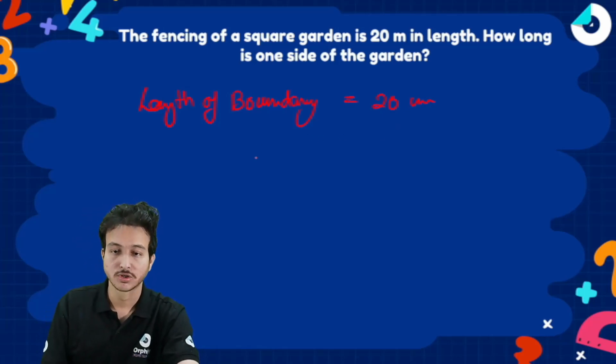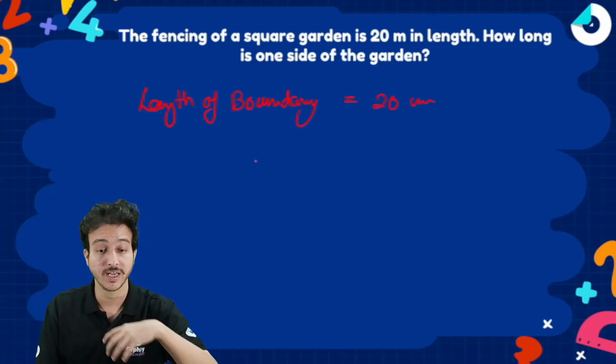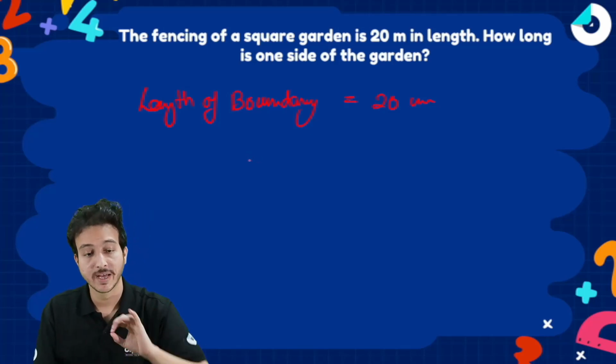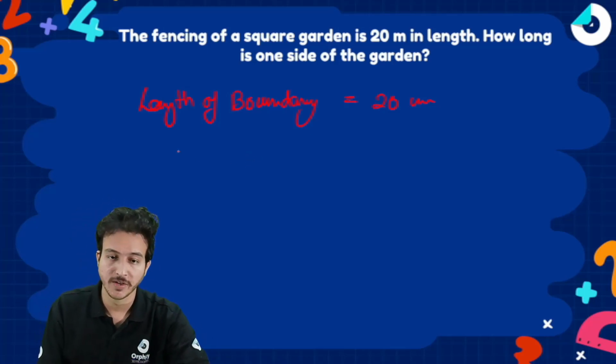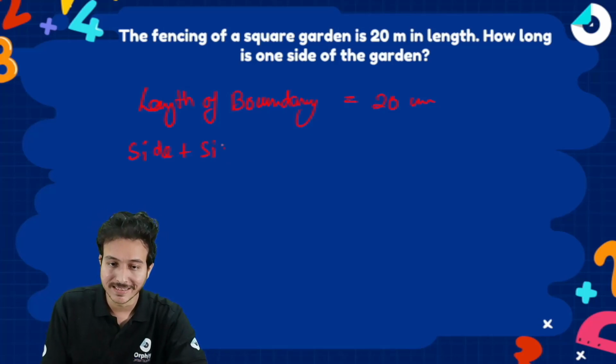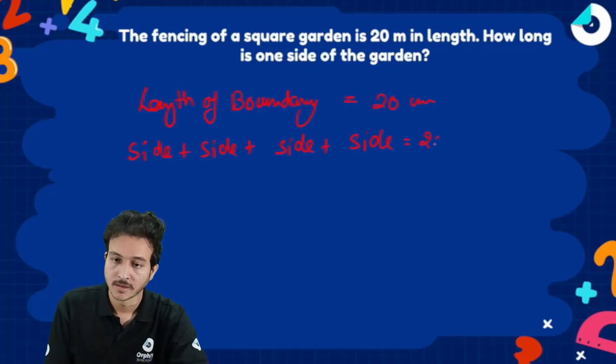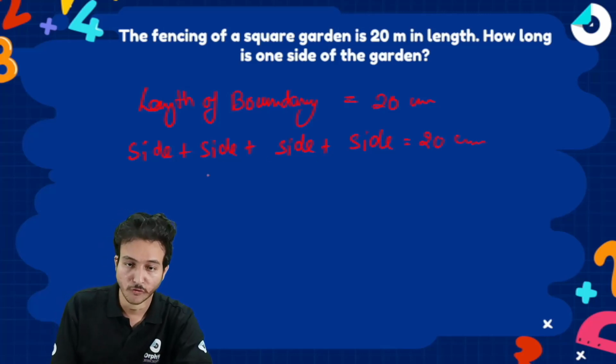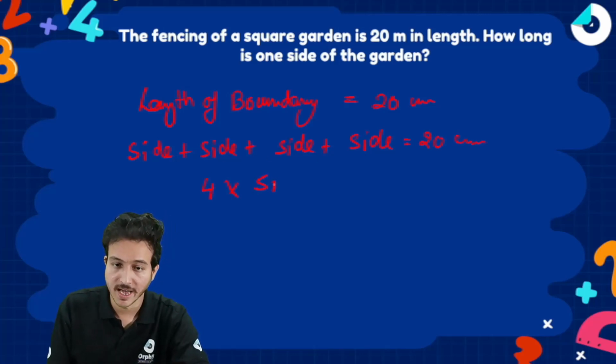Now if I ask you what you need to do, find out the side, because the square has sides of equal measure, we can say the length of the boundary is nothing but side plus side plus side plus side, or I can say that is equal to 4 times side.